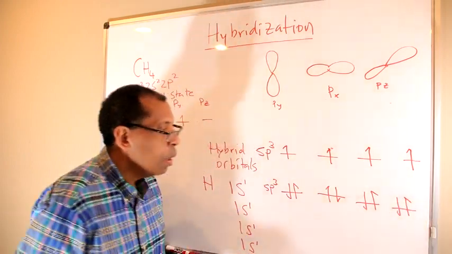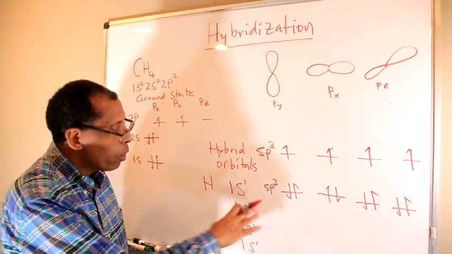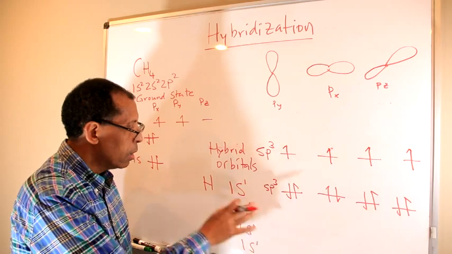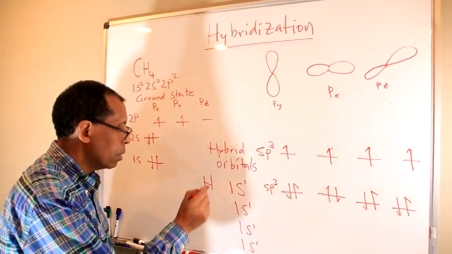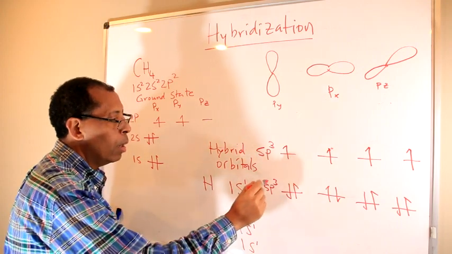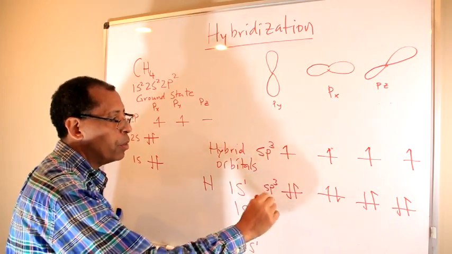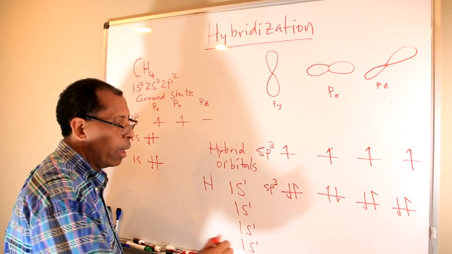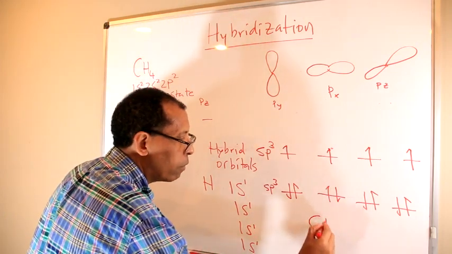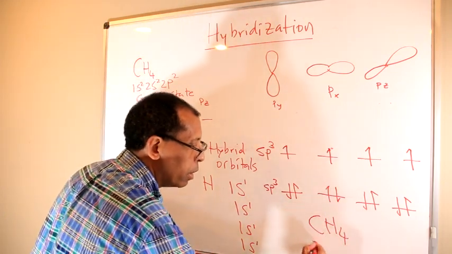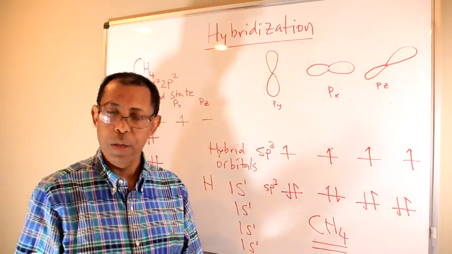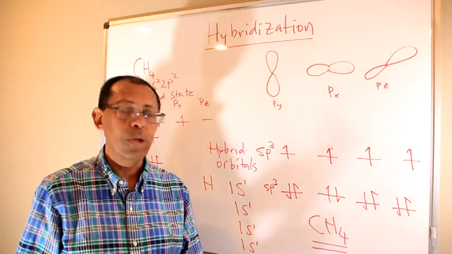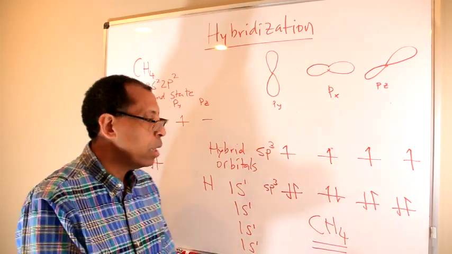So now we have 4 sp3 orbitals that have bonded with the s orbitals to make the molecule CH4 through sp3 hybridization. Now we can justify how CH4 is formed. In nature, you have methane, not CH2.